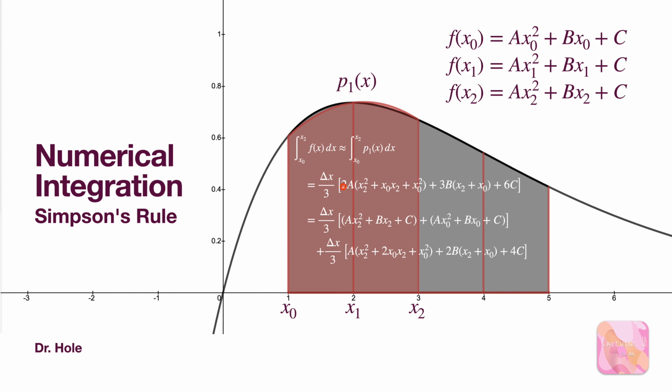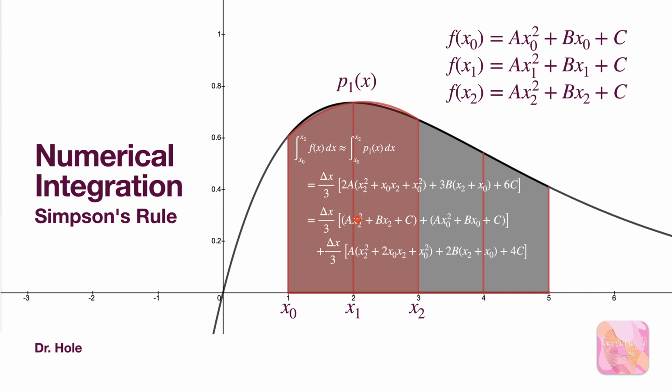Let's focus on this 2a next. This 2a gets distributed to this trinomial. We have an x sub 2 quantity squared appears here with coefficient a. We need one more of those to account for all of 2a's.